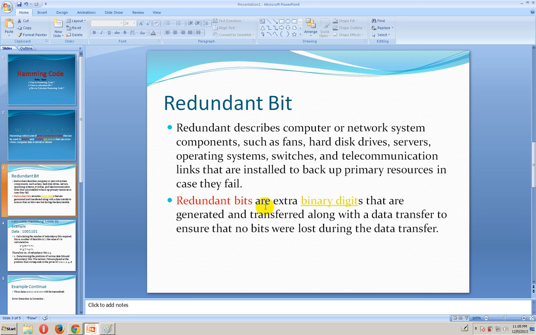So now let's move to the redundant bit. Why am I going to redundant bit, you guys? Because, what are the redundant bits?